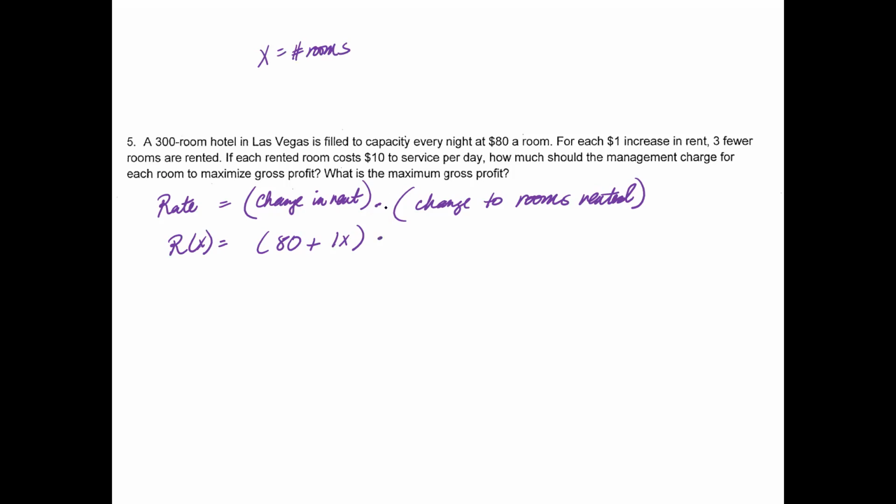Times, I want to make sure I change that x, because the x in the rate and the number of rooms rented are not exactly the same. The number of rooms rented, well, there are 300 rooms altogether, minus 3x, because 3 fewer rooms are rented for every dollar that you increase in rent.